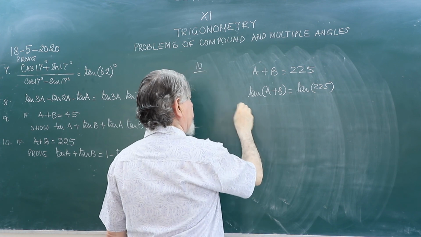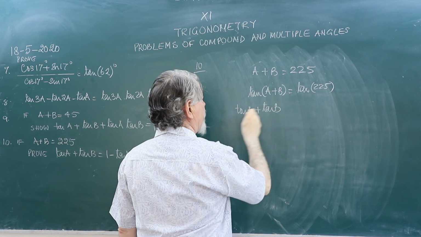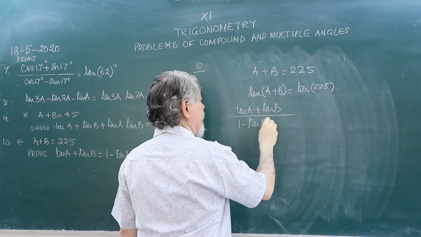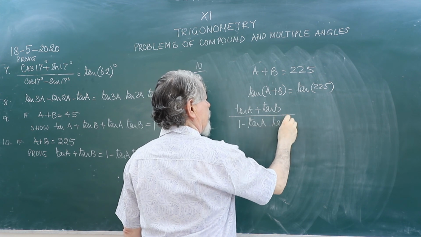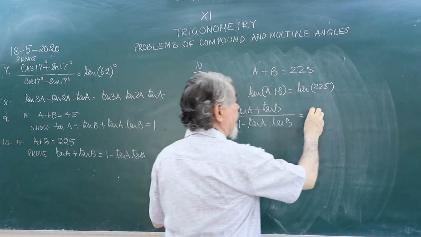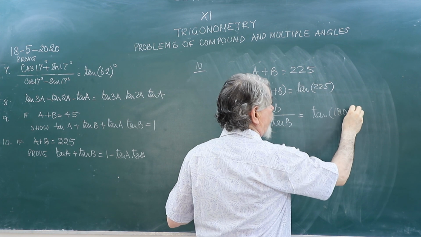It is (tan a + tan b) upon (1 − tan a tan b). And tan 225 I can write as tan(180 + 45).